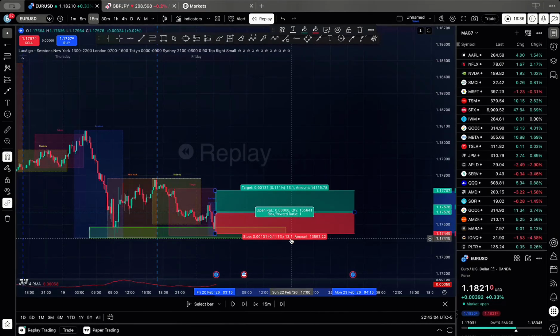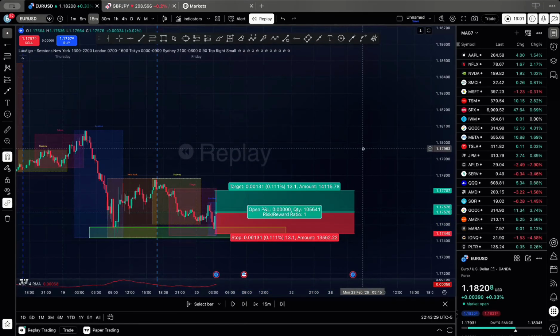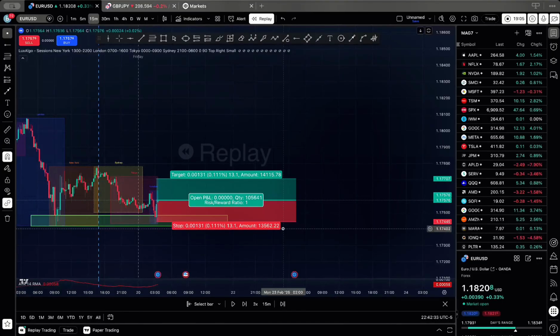And what I always do is, let me increase the size of this ladder, okay? So we can see it better. So now my entry is here, and I'm gonna use the ATR.